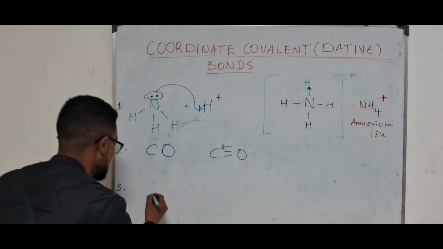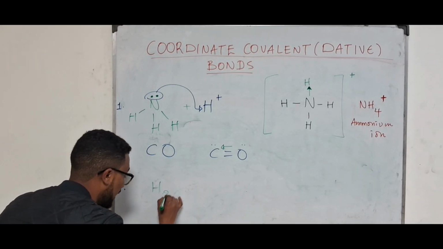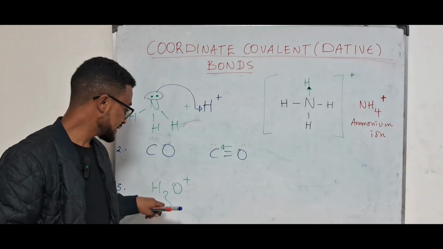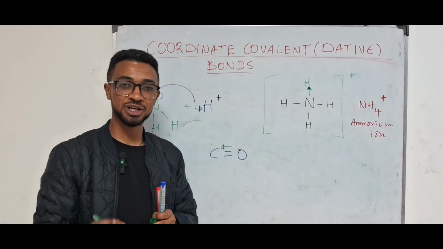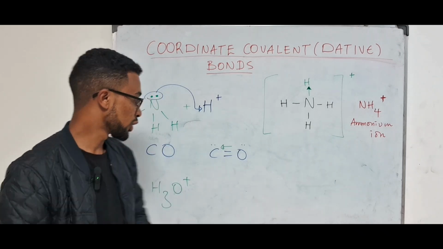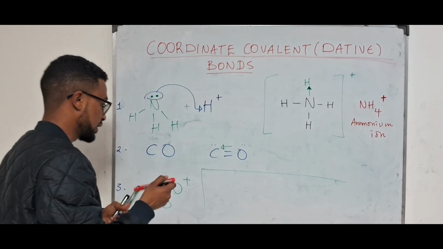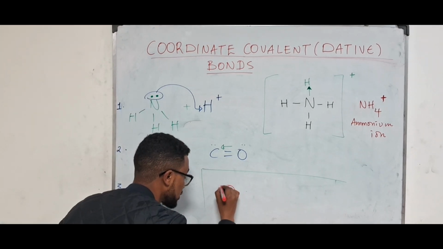Another example is the hydronium ion. This is when a hydrogen ion is added to a water molecule. Let's look at it. So we have water first. This is the Lewis structure of water.